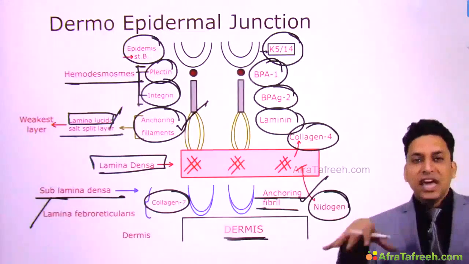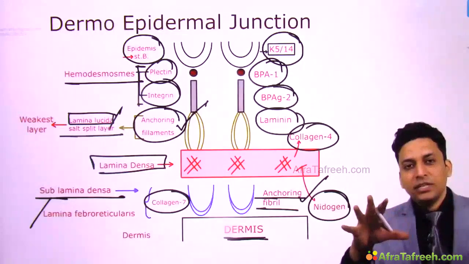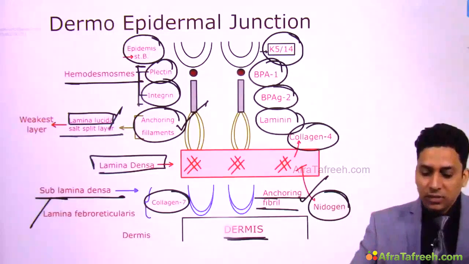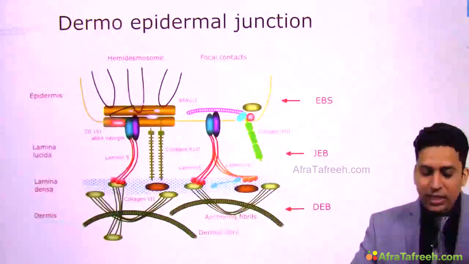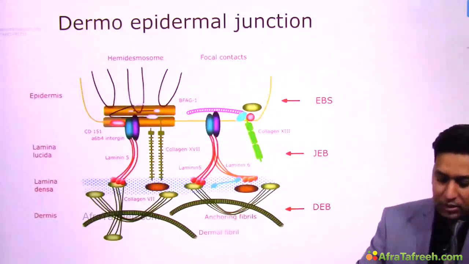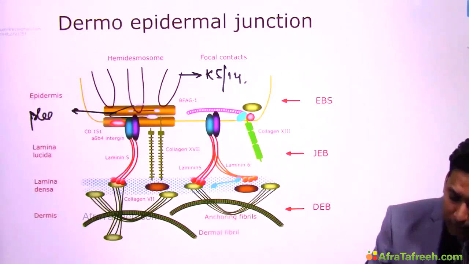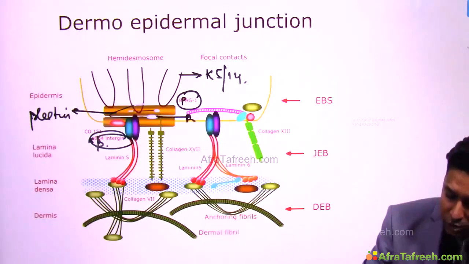Okay. Now this diagram is a very simplified diagrammatic representation of dermoepidermal junction. But if you want to see the real dermoepidermal junction, which is a bit complicated, it appears something like this. Okay, but still let us try to understand. Here these filaments are keratin 5 and 14 filaments. Then you will find plectin, integrin, alpha 6 beta 4, then BPAG1, BPAG2, then this laminin protein, then this collagen.